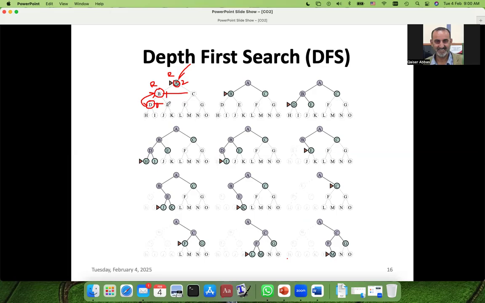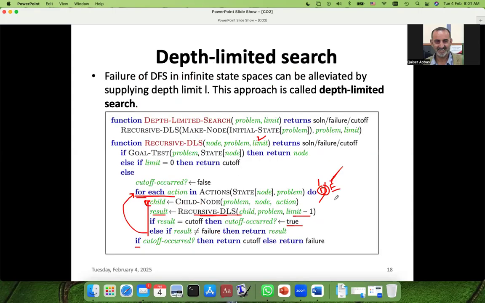And now for E, when this loop is executing, here we have child E, recursive DLS. The child is E. Now what is the limit? The value of the limit is 1, and then 1 minus 1 is 0, okay?